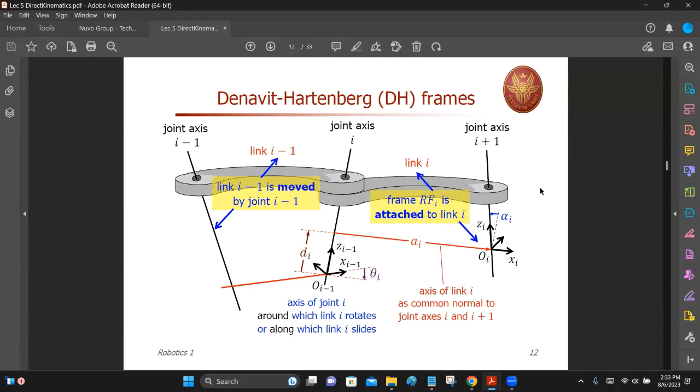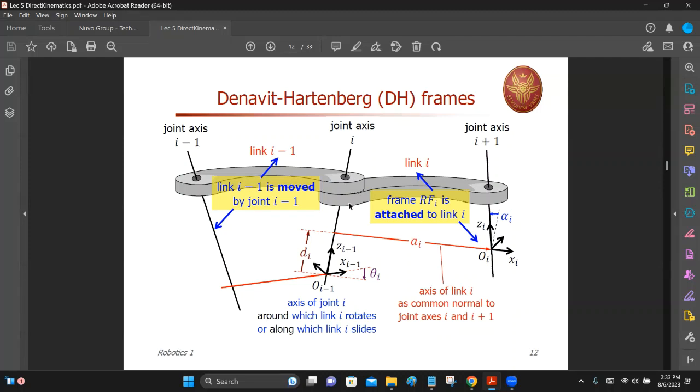Now let us put all these four parameters together in one single joint. Right, so you are seeing now the most important slide of this lecture. You have link I minus 1 on the left and then link I after that.